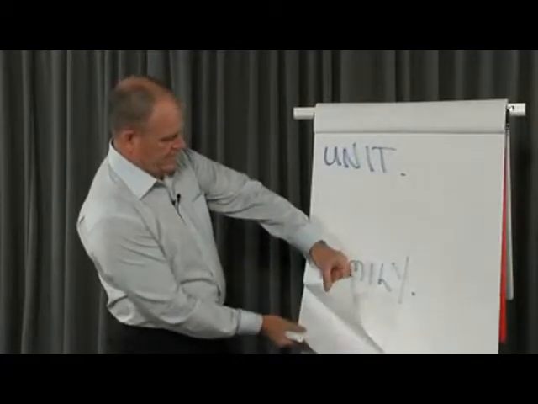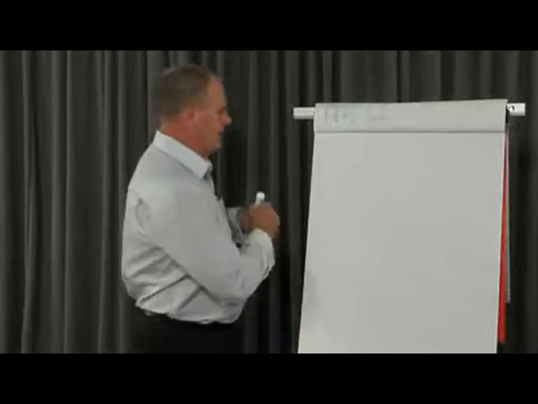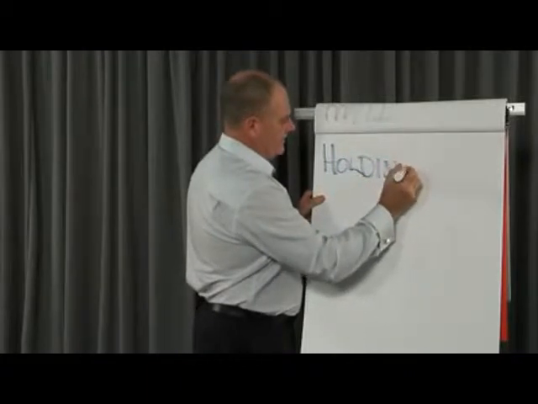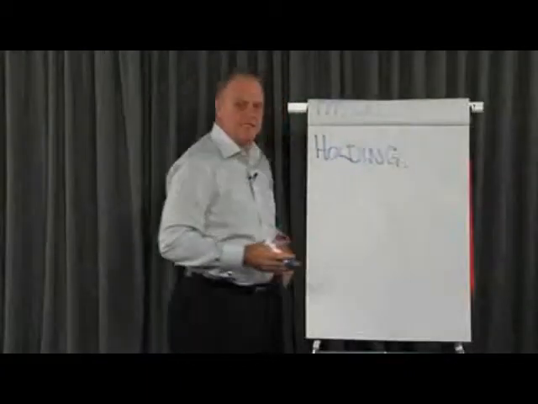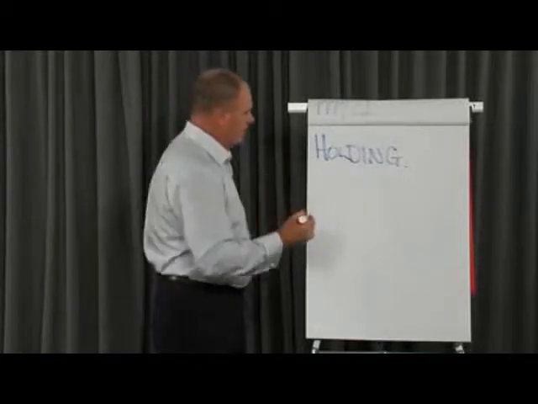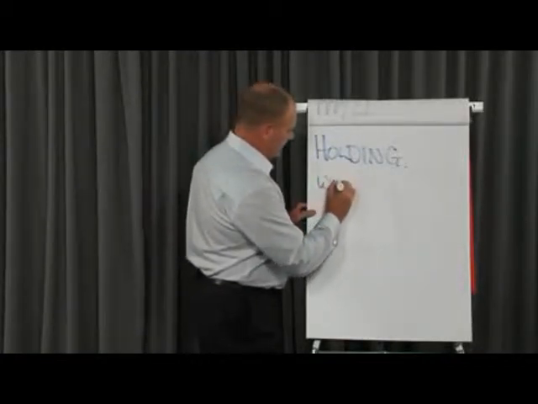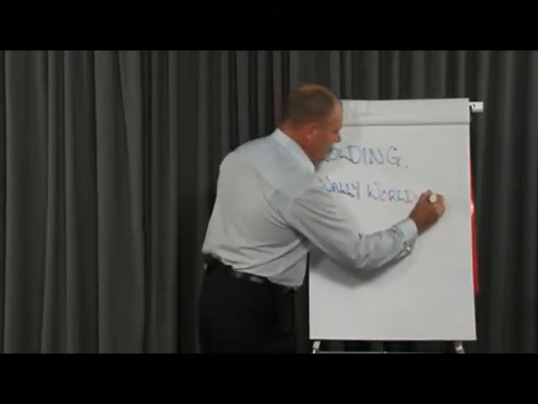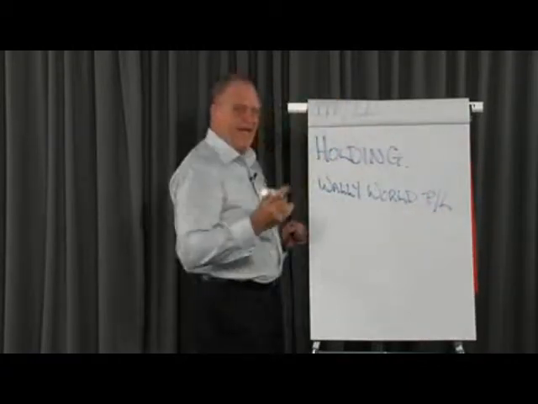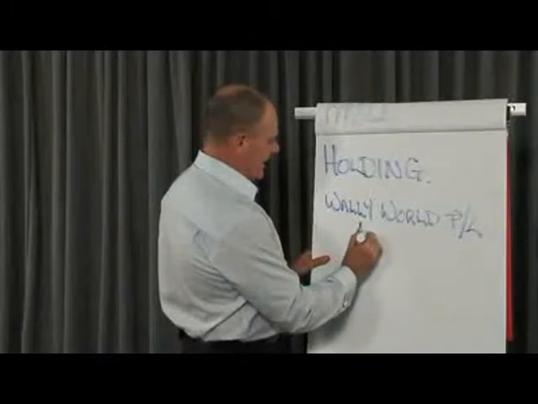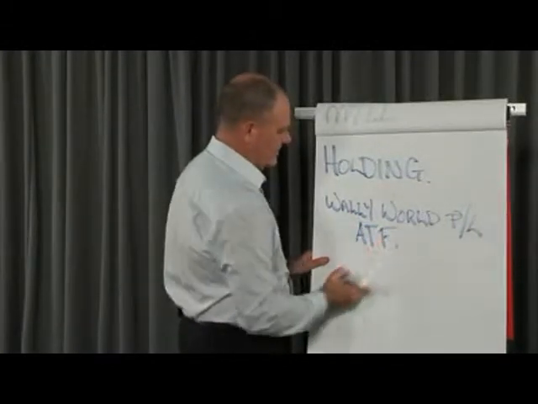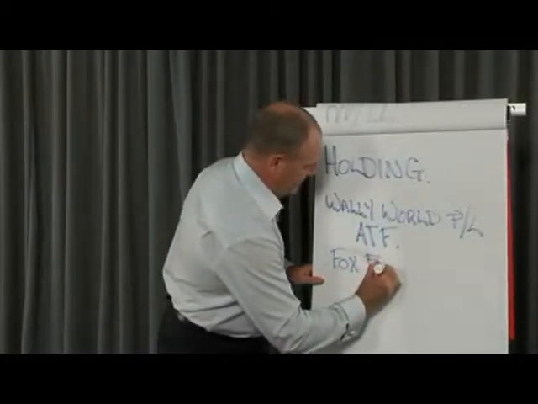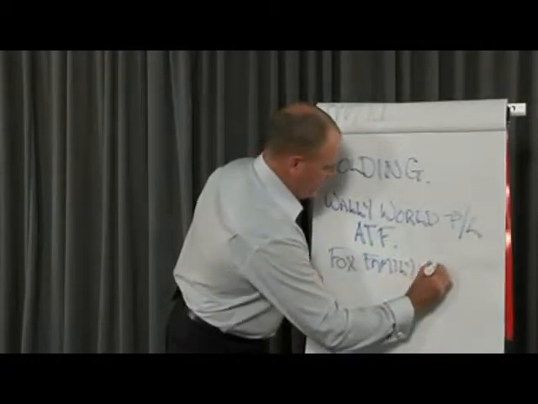So let's take that. We take a step back to a holding company. And remember, a holding company simply holds the asset. It doesn't trade. So we have a holding company called Wally World Proprietary Limited, of course, that acts as, and you'll see these letters, as trustee for the Fox Family Trust.